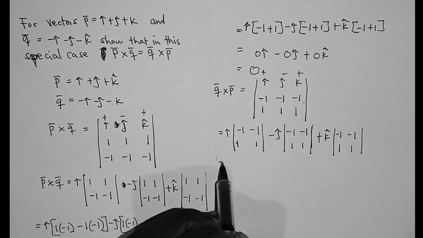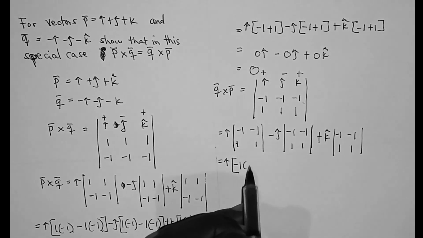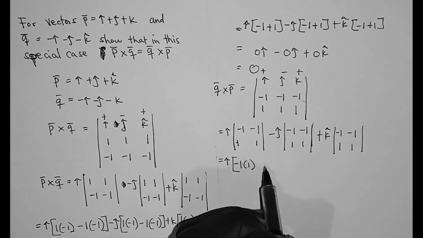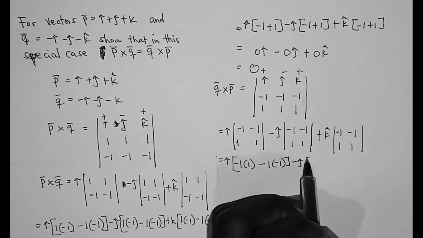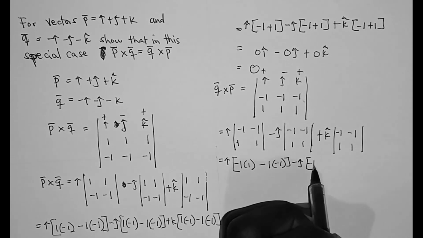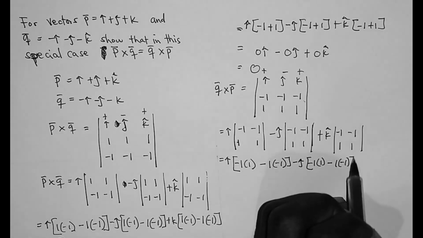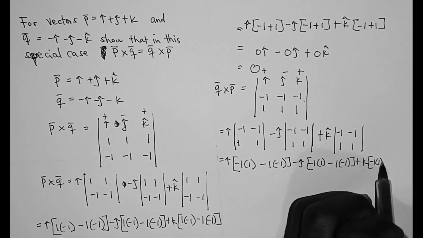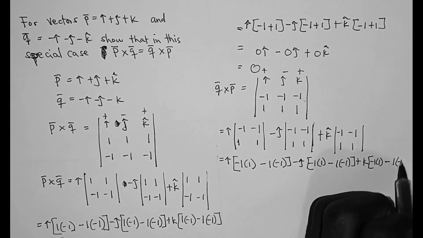You are left with minus 1, minus 1, then 1, 1. So this is equal to i, then minus 1 times 1, because we are finding the determinant of these 2 by 2 matrices, then minus 1 times minus 1, then minus j, in brackets, minus 1 times 1, then minus 1 times minus 1, then plus k, in brackets, minus 1 times 1, then minus 1 times minus 1.